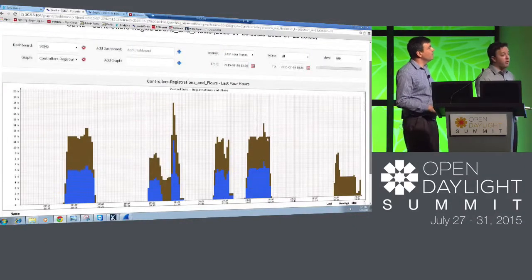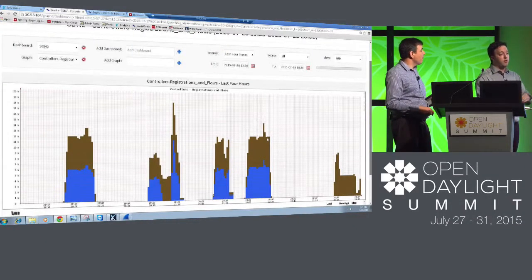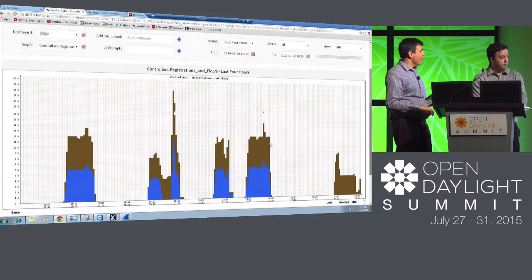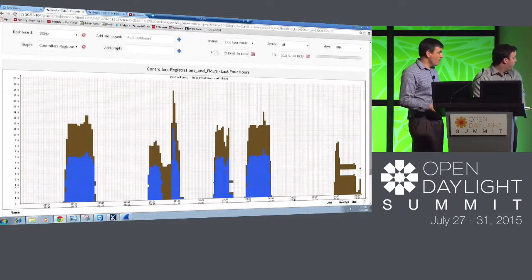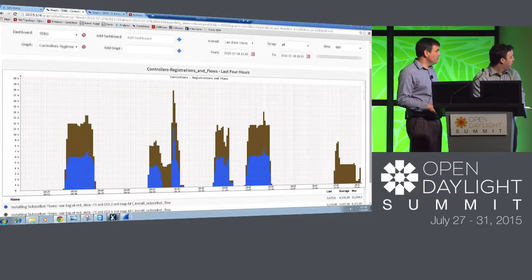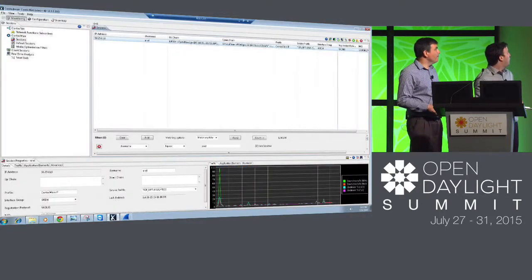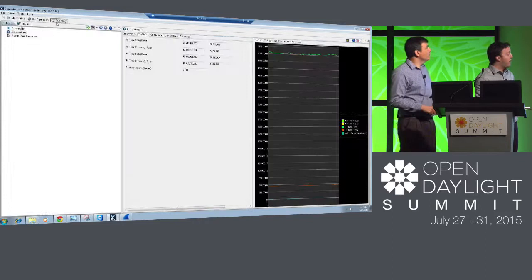So here we have in blue and brown two controllers, each installed 6,000 rules a second, okay? Total of 12,000 rules a second for all three switches, okay? What we will do now is look at the GUI. We'll continue monitoring the traffic.